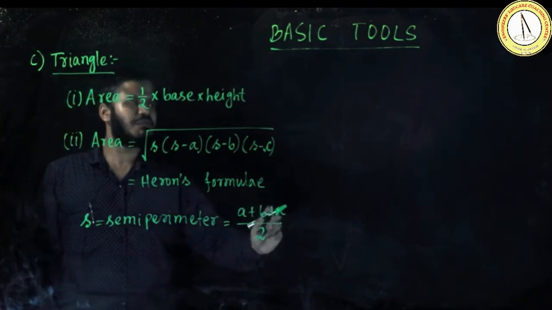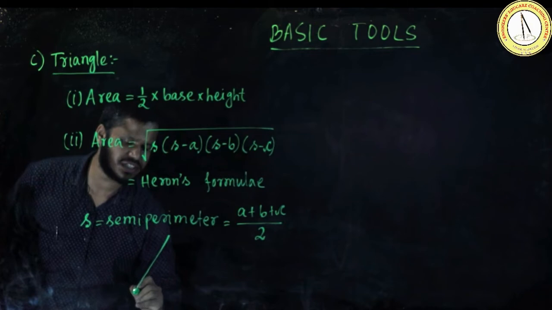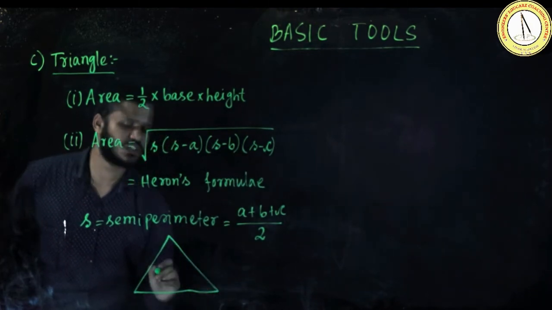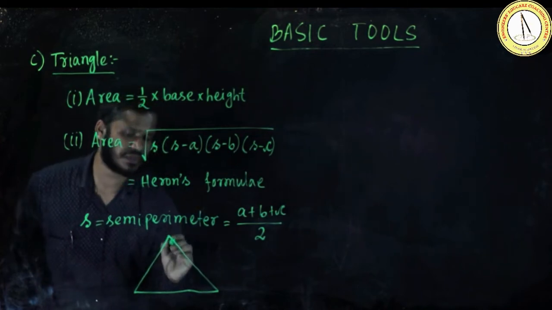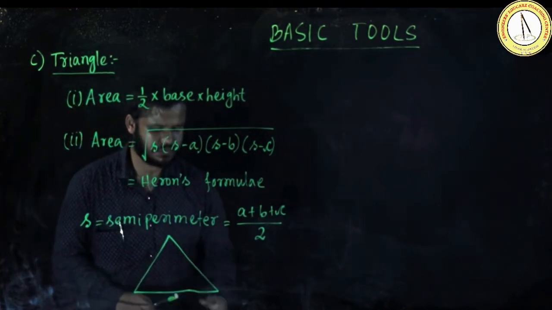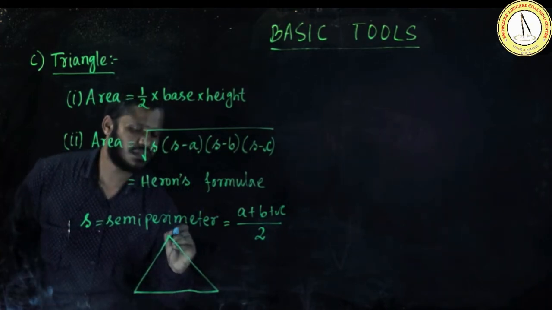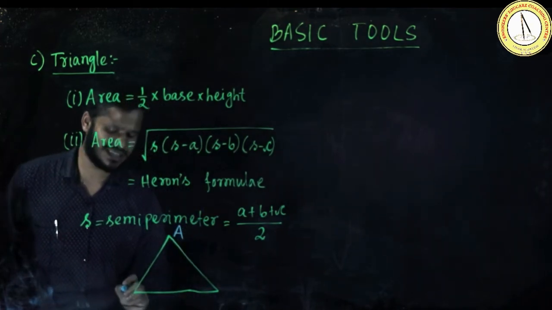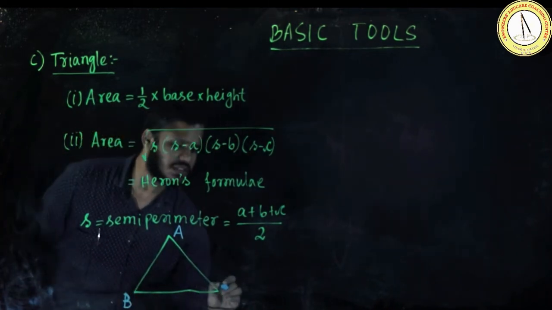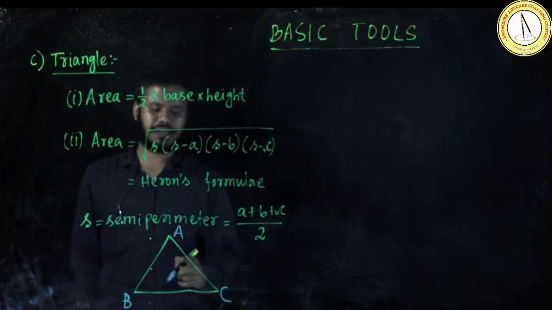Now, what are a, b and c? By drawing a simple triangle, I will show you what are the small a, small b and small c. So this is a triangle. In this triangle, this is A, for example, this is B, this is C. Now, how to name this side a?